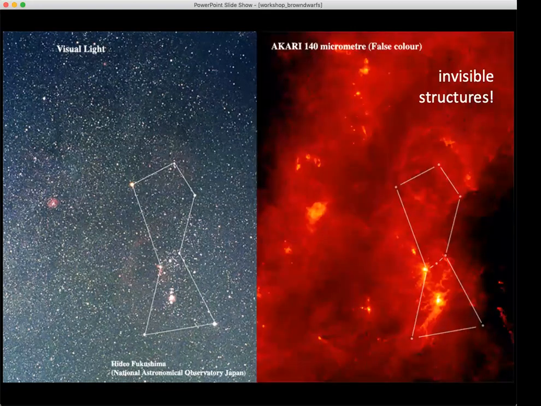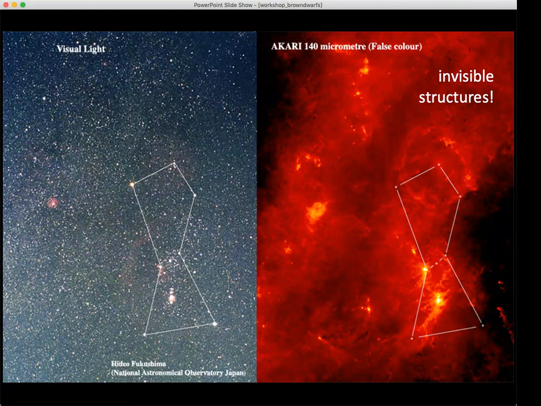This is what it looks like in the infrared. There are all kinds of new structures that we see around the Orion region. And part of that is because I think the ONC is down here, right? In the scabbard, yeah. Most of this region is these dark clouds that are making stars.